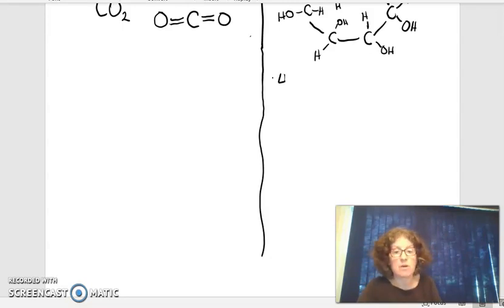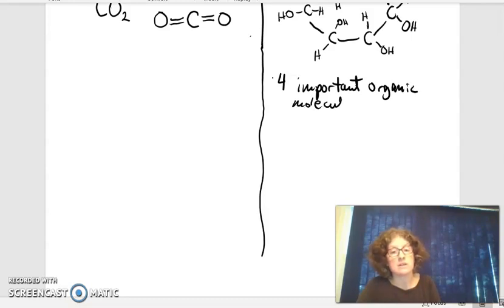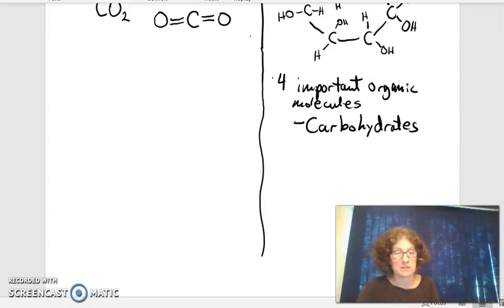So there are 4 important organic molecule categories. And they include the carbohydrates, like the one I exemplified above.